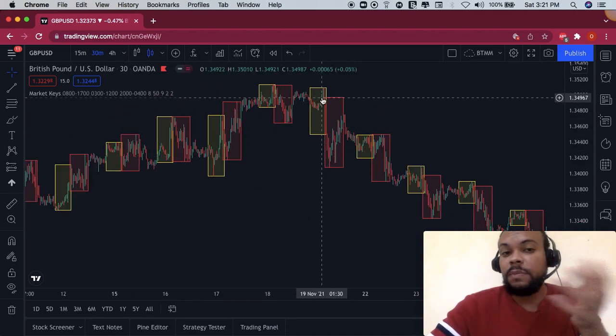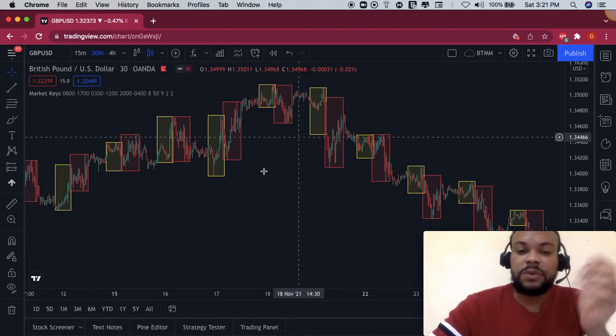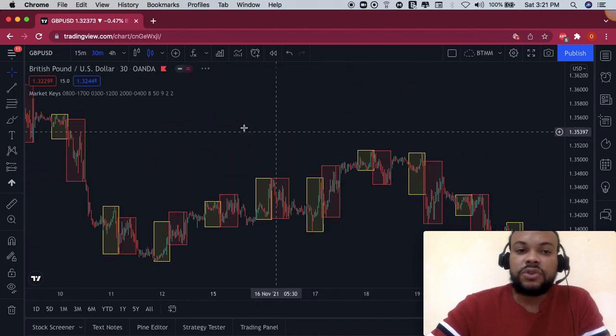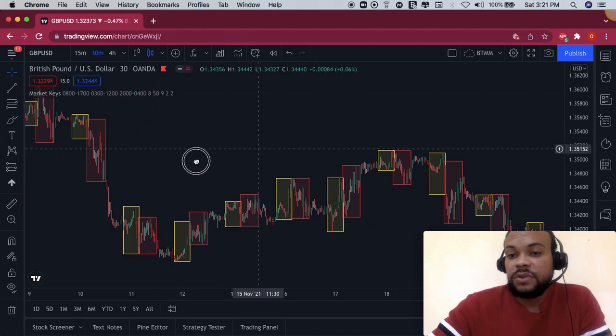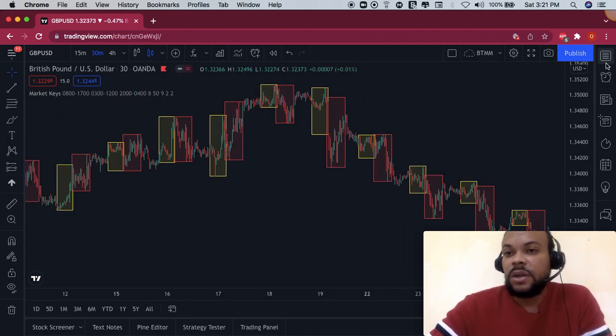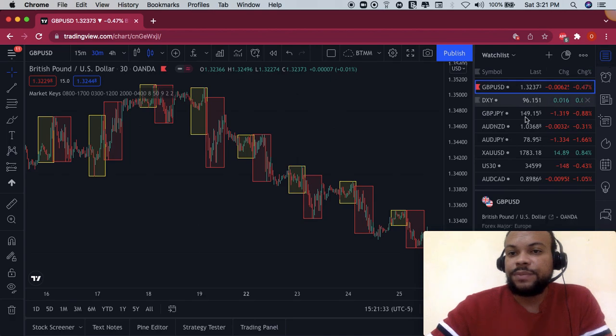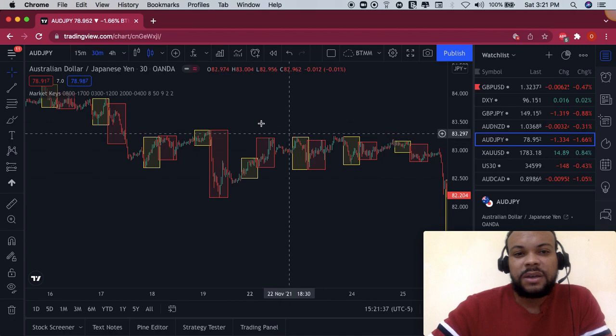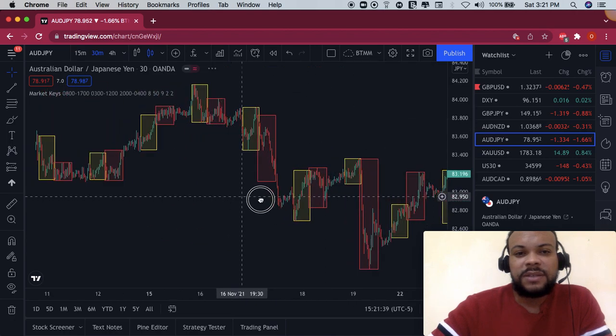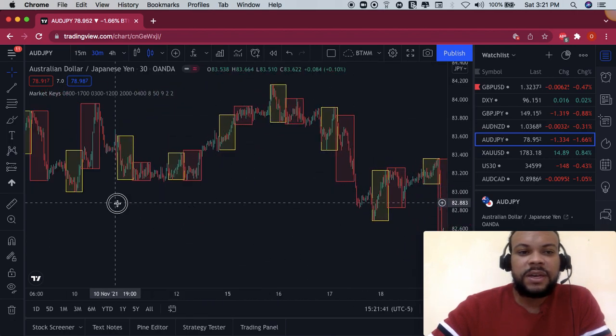But I won't be trading using GBP USD. I would choose a pair that is more active during the Asian session. So maybe something like AUD JPY.